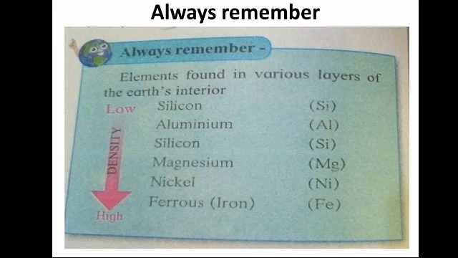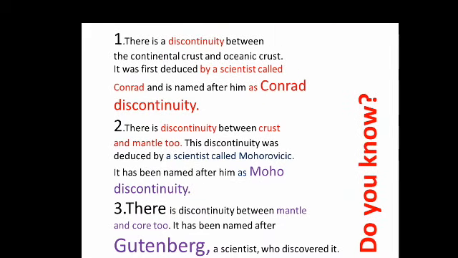Students, do you know, one fact is here, or through the questions you will come to know, that there is a discontinuity between the continental crust and the oceanic crust, which are the two layers of the crust.